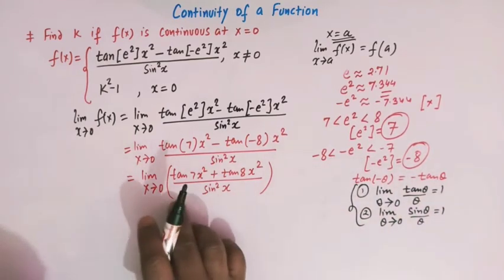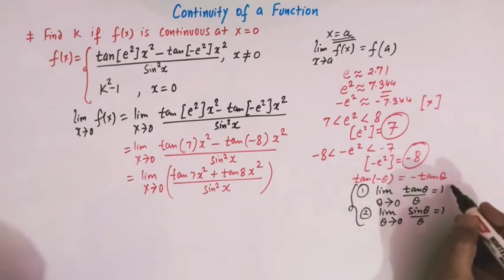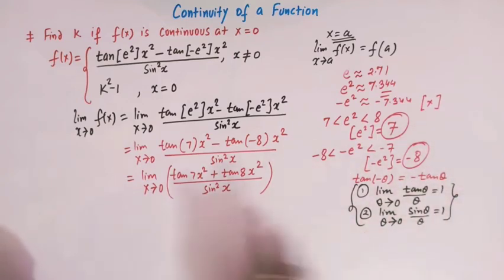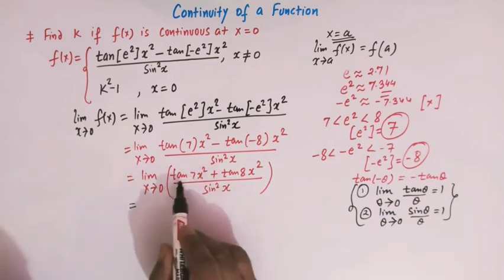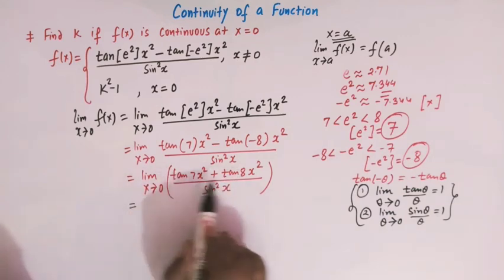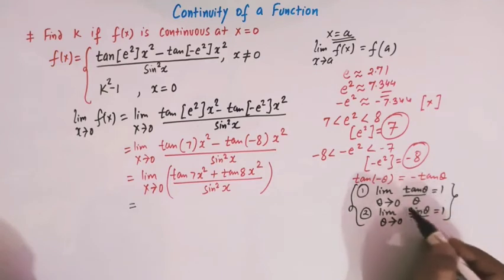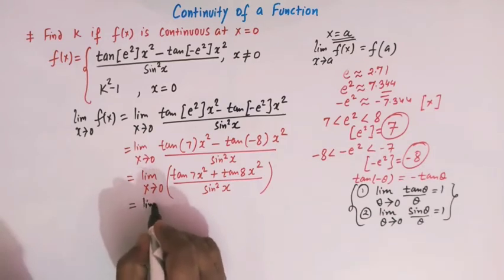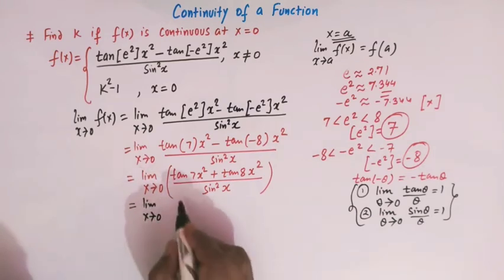So in the subsequent steps we are going to use these two results, right? So let us first transform these terms to this form, that is tan theta over theta and sine theta over theta, right? So what we will do, we'll write limit x tends to 0.